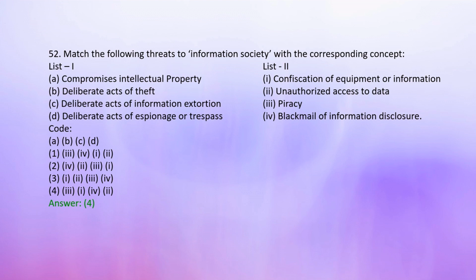Piracy, and D. Deliberate acts of espionage or trespass, and list 2. Blackmail of information disclosure. These are the threats to information society with the corresponding concept. And correct answer is 4, means A. Compromises intellectual property goes on.